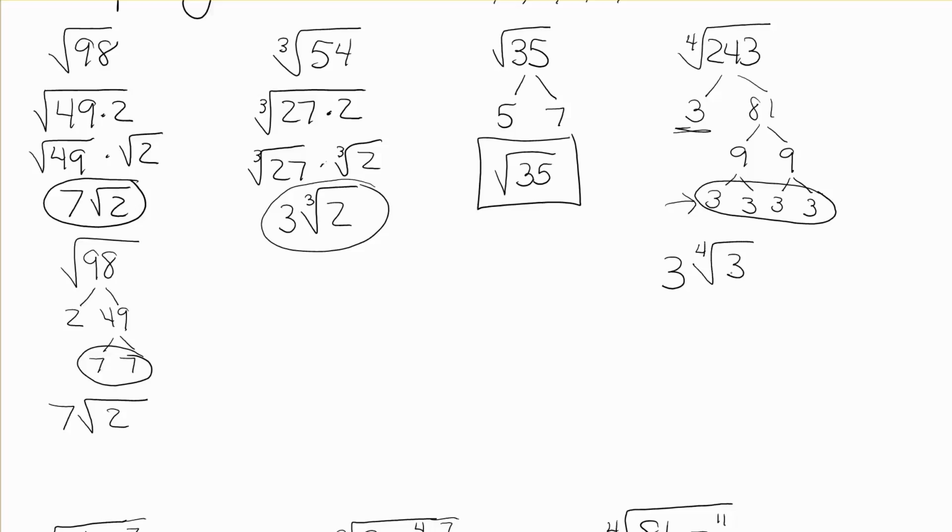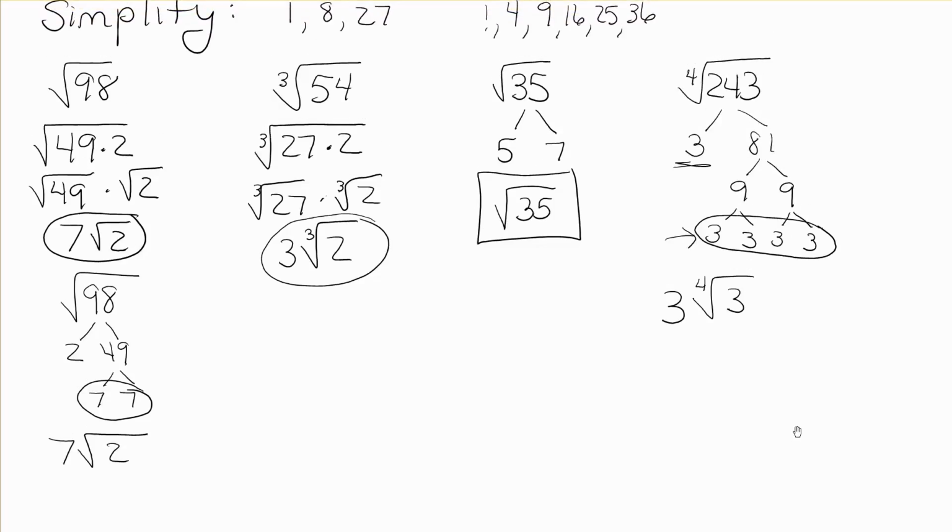All right, the biggest mistake here for any of these examples is not to write your index. You need to bring that index down and make sure that you write that in your answers for both this one and in this example here. If we left that as a square root of 2, if we forgot our index, it would not be correct.